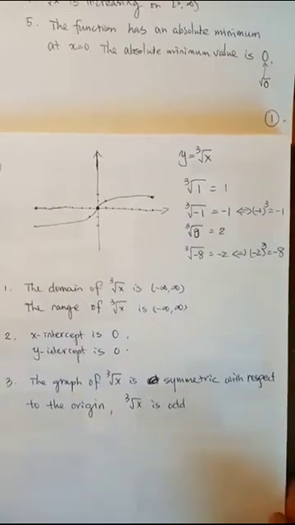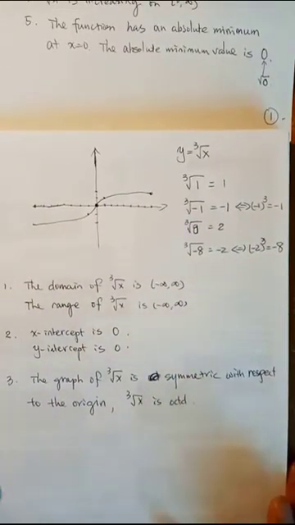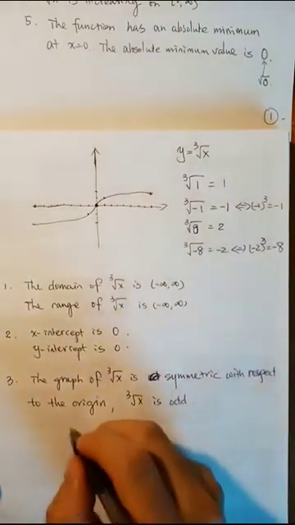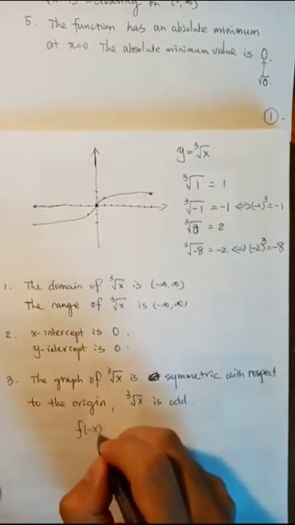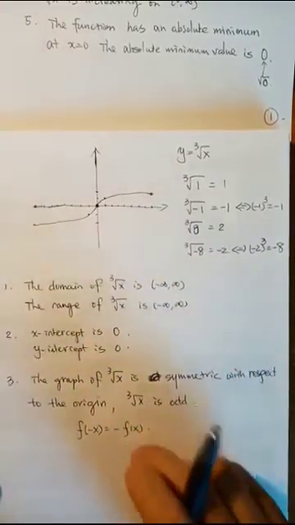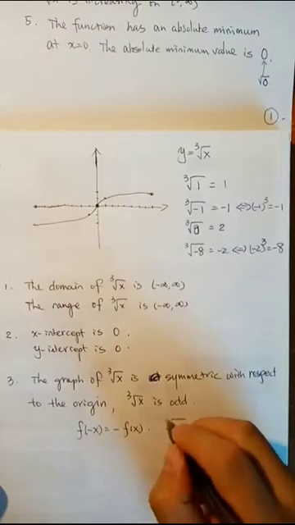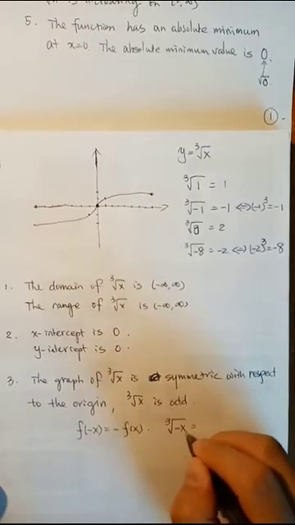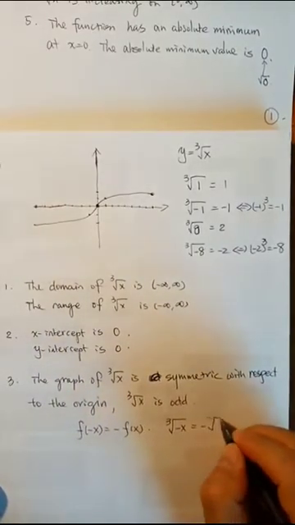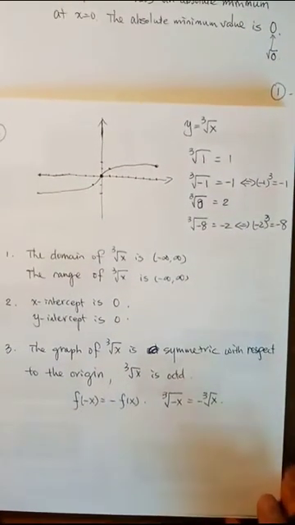Odd function, the graph is symmetric with respect to the origin. This is an odd function. Odd function here, f(-x) is -f(x). This is the definition. If we use the cube root function, the cube root of -x is negative cube root of x. Okay, this is an odd function.